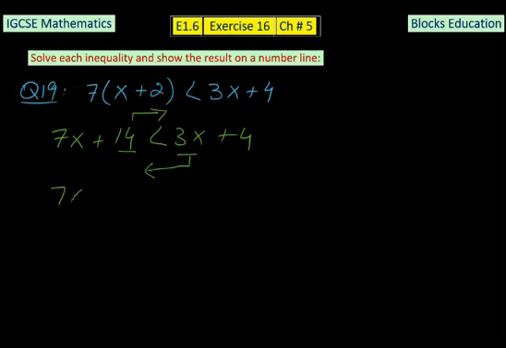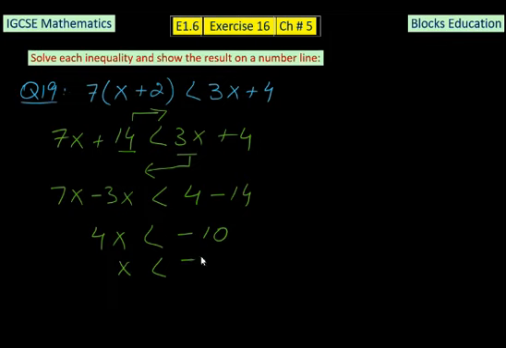So it will be 7x minus 3x, and the inequality stays like this, and it will be 4 minus 14, because on the left side it is plus 14. Once you move towards the right, it will be minus 14. Now 7x minus 3x is 4x less than 4 minus 14, which is minus 10, and it means that you will divide by 4 on the other side, so it will be x less than minus 10 over 4.